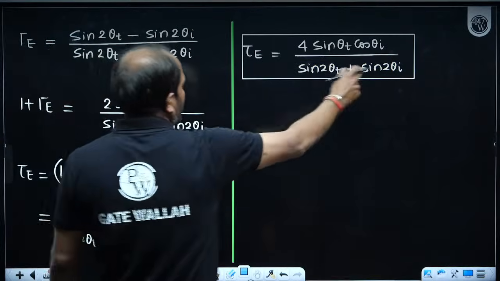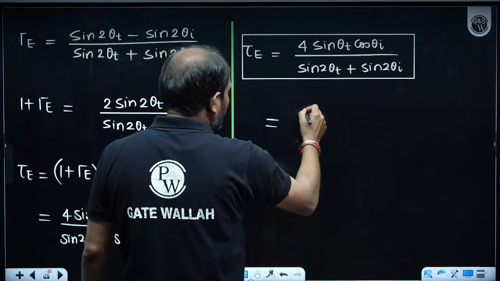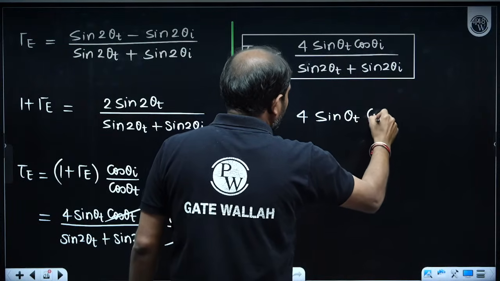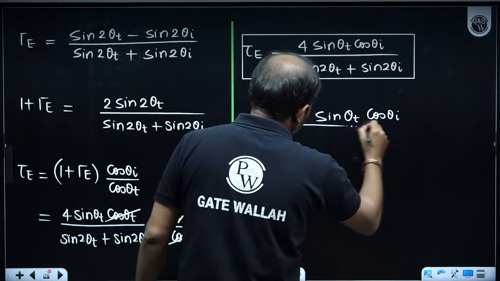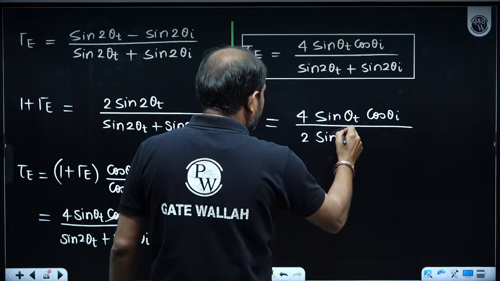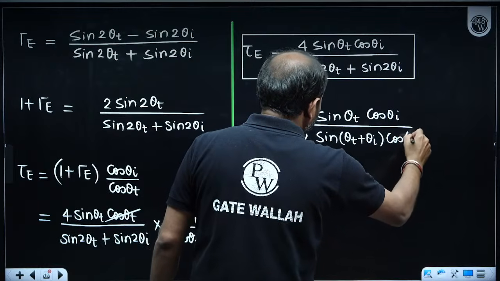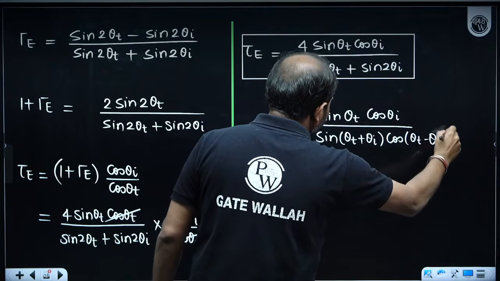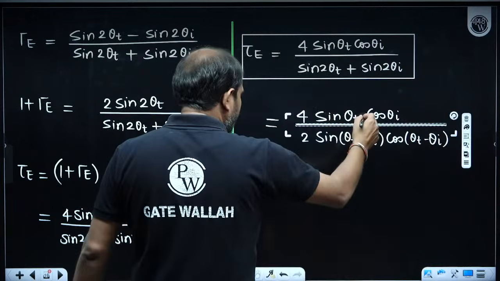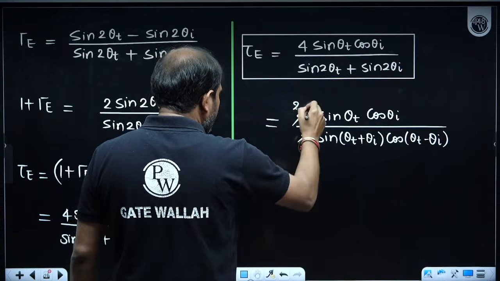So I will solve this one also. It will be 4 sin 2 theta t cos theta I divided by sin A sin B. So 2 sin theta t plus theta I and cos theta t minus theta I. So 2 and 2 will cancel out.